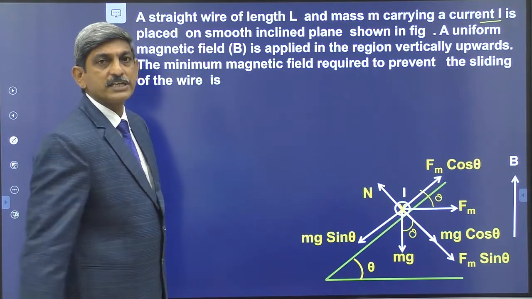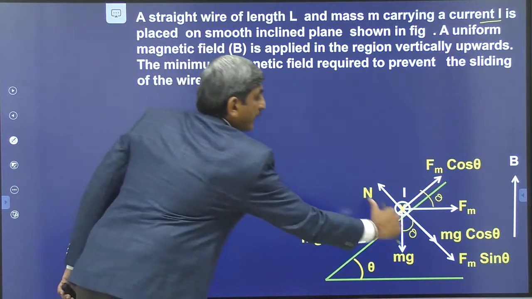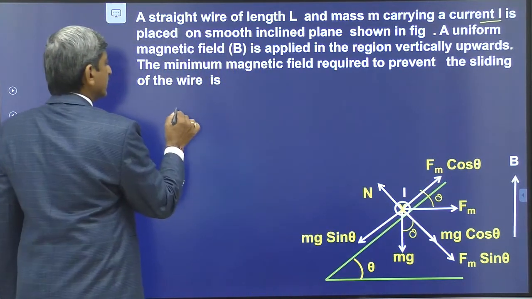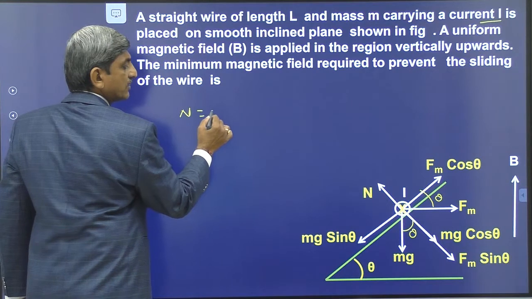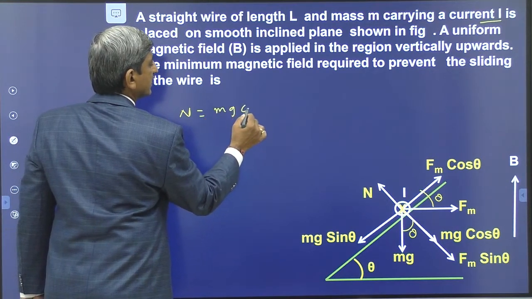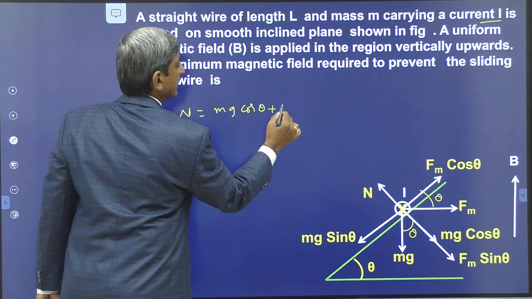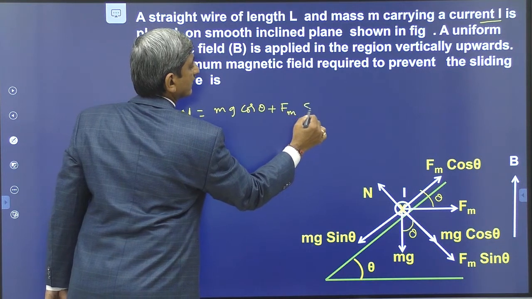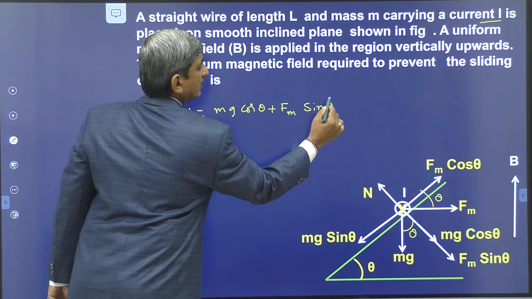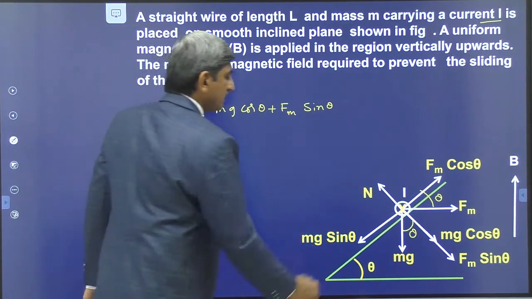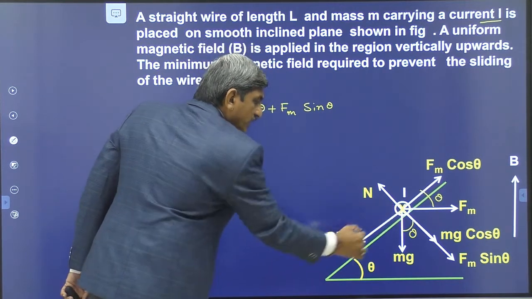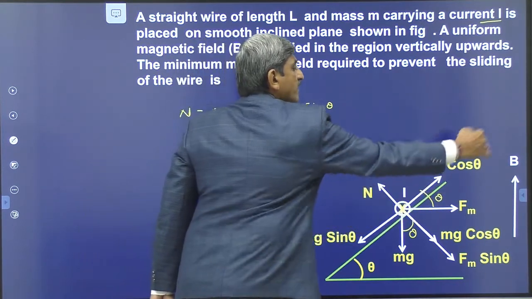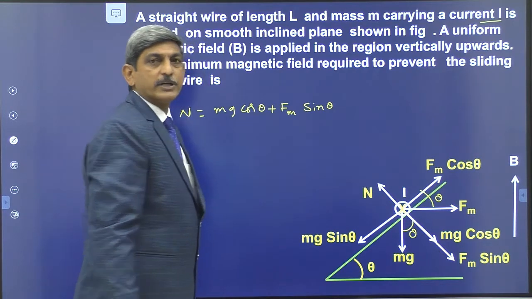Now, in this diagram, different forces are acting. Perpendicular to the plane, there is no motion. That's why we can write N is equal to mg cos theta plus Fm sin theta. And parallel to the plane, mg sin theta pulls the wire in the downward direction, Fm cos theta pulls the wire in the upward direction.